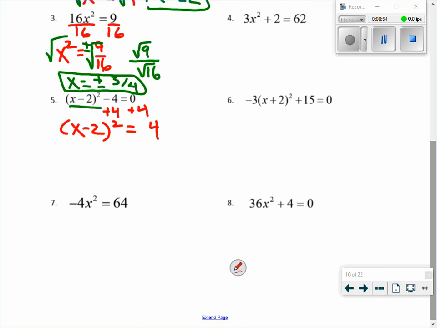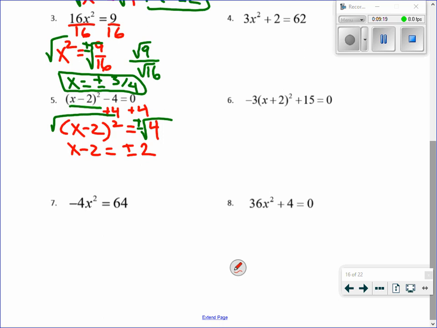Now that you're here, you can take the square root of both sides because I just have this binomial squared by itself. Taking the square root, I'm physically writing it in, which means I have to do what? Plus or minus, good. So I have x minus 2 is equal to plus or minus 2.